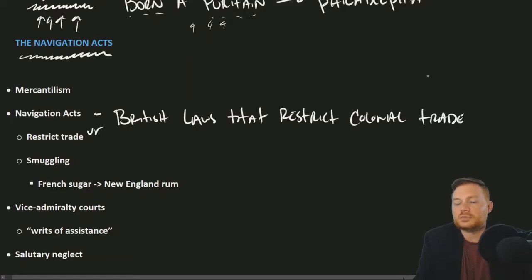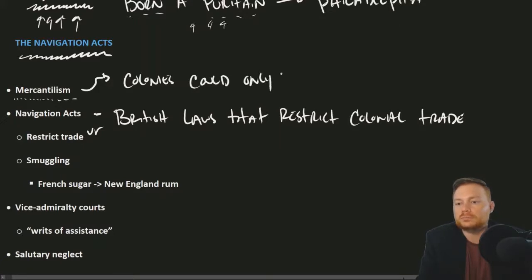And this, of course, was done under the premise of mercantilist policy, which we talked about in a previous chapter. Let's just recall that in terms of the colonial relationship, colonies could only trade with the mother country.